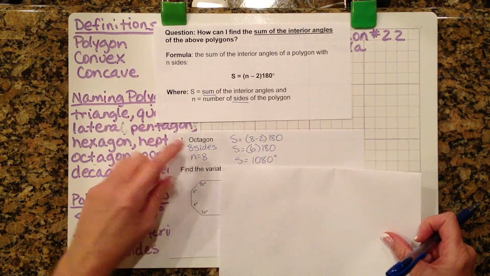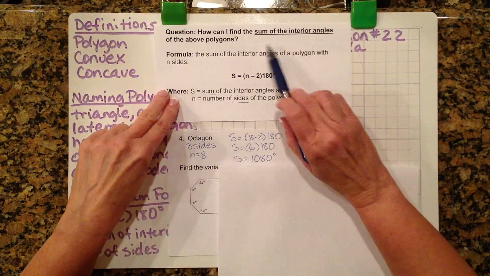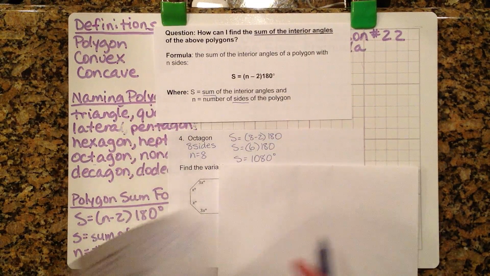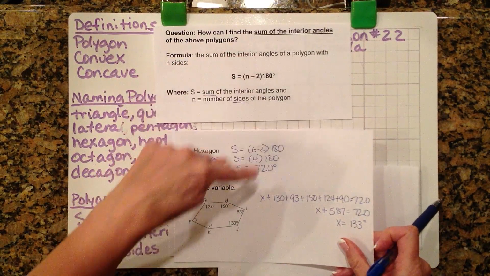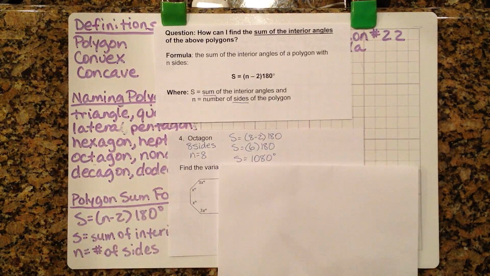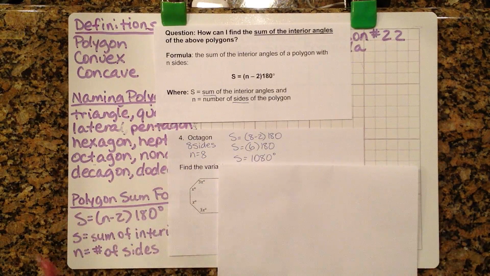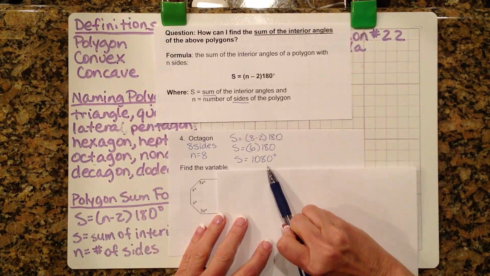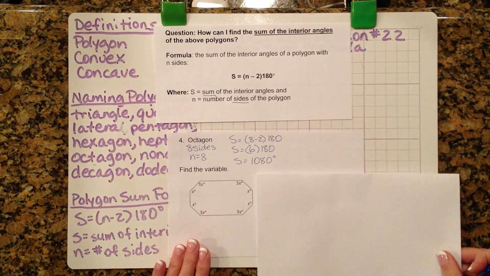Aren't you noticing the more sides it has, the larger the sum of the interior angles? When we did a hexagon, it only had 6 sides, and the sum of all the interior angles was 720. All right, now we've got 8 sides. So my sum is going to get bigger and bigger. And it's 1080.